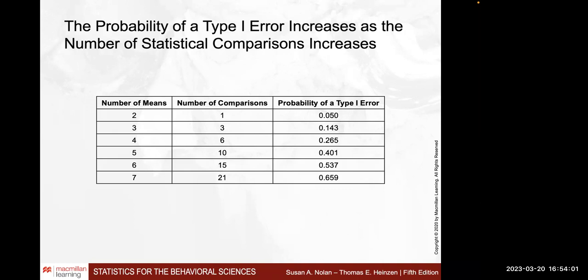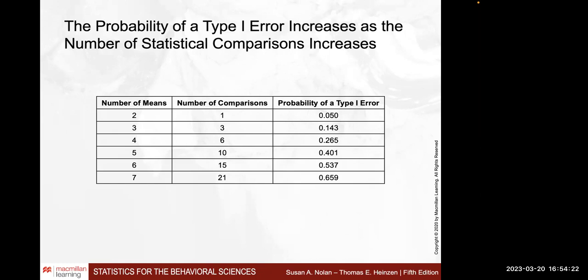So you are basically at a 14.3% risk of having a type 1 error. If you have 4 different groups, that type 1 error goes up to 26.5%. If you have 5 groups, you do 10 comparisons, you have a 40% risk of a type 1 error.